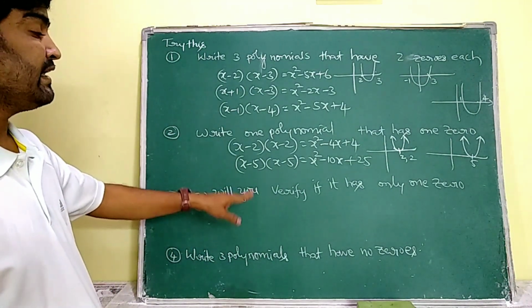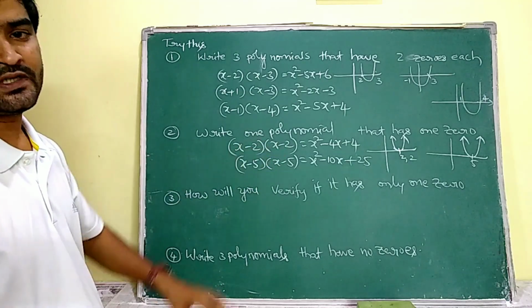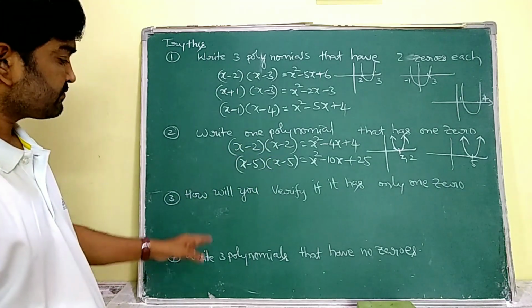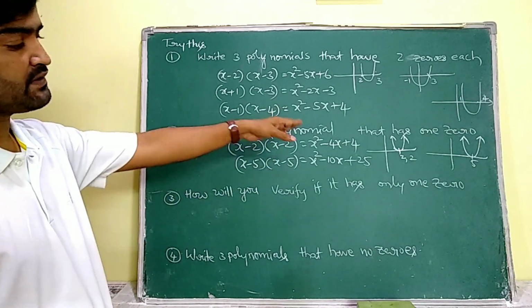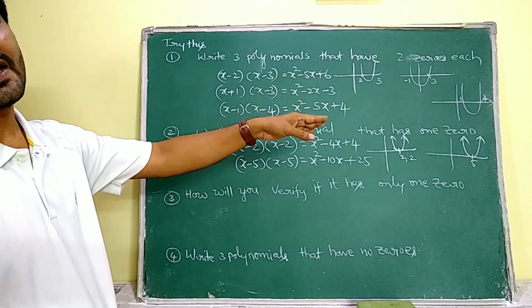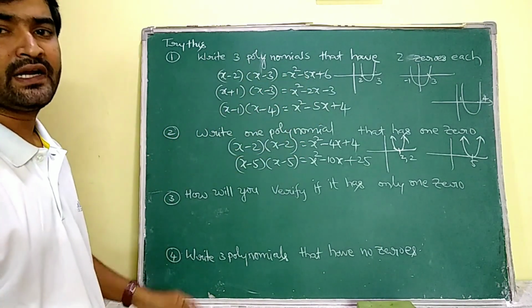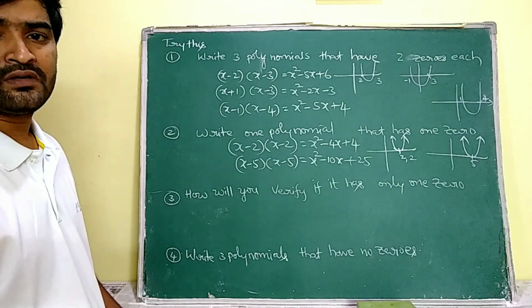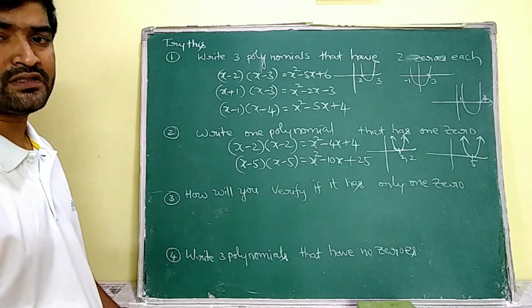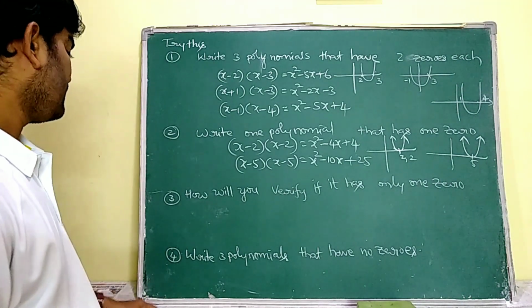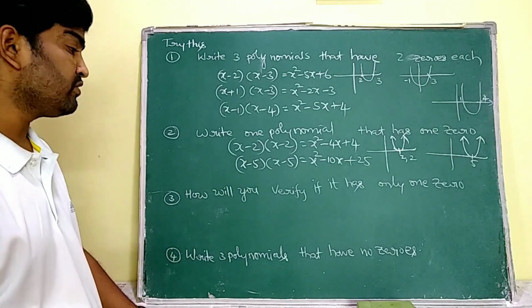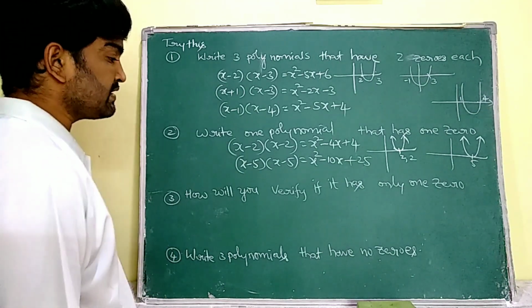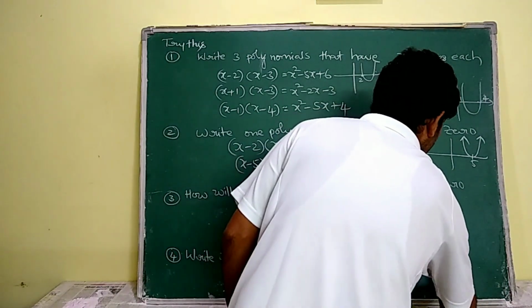How will you verify if it has only 1 zero? See how you verify: if the graph touches the x-axis at one point, then it has two equal zeros, that is 1 zero. Now write three polynomials that have no zeros. No zeros in the sense that they do not touch the x-axis.